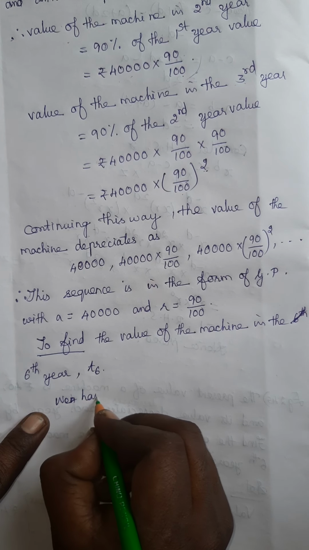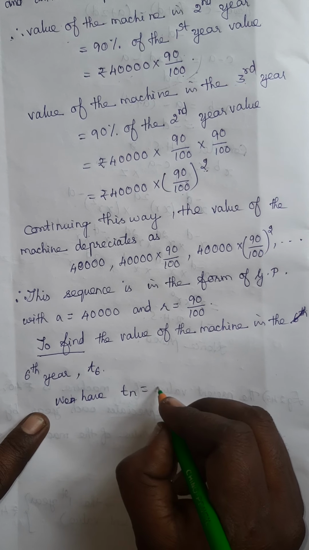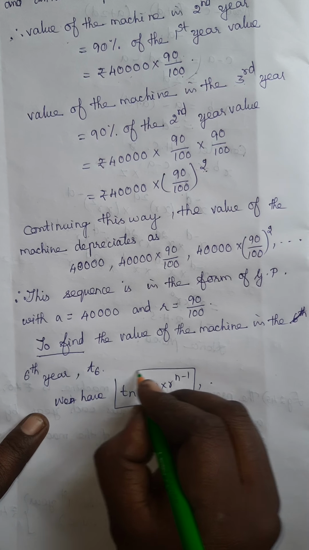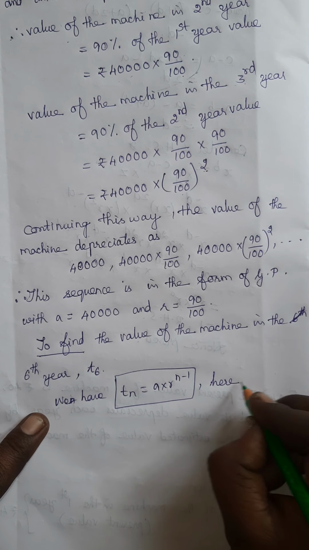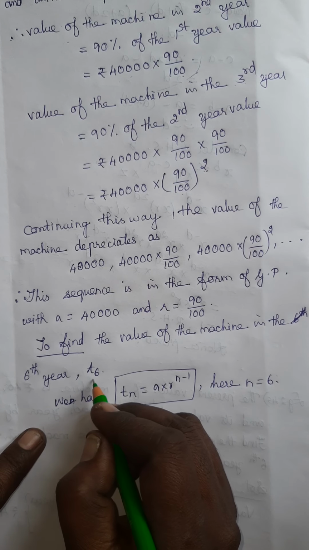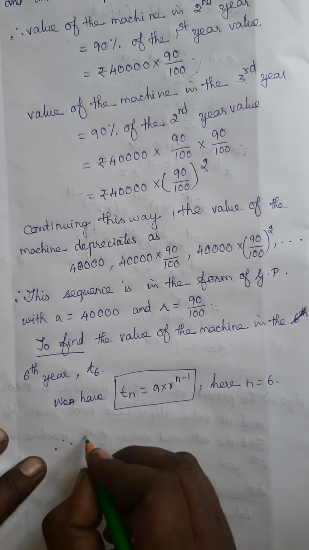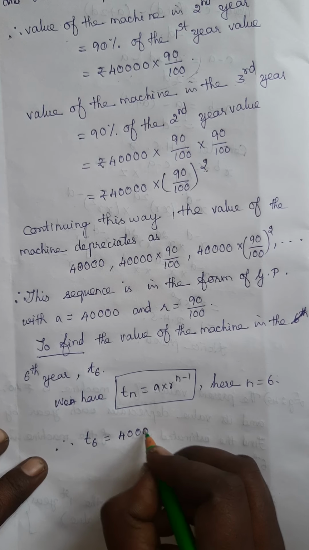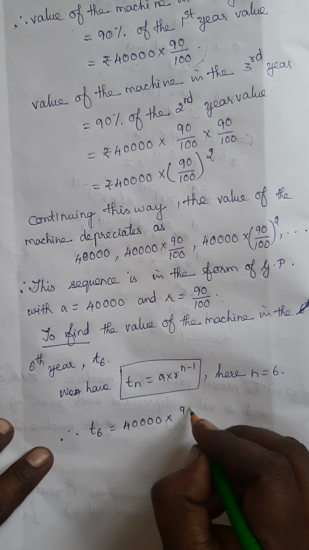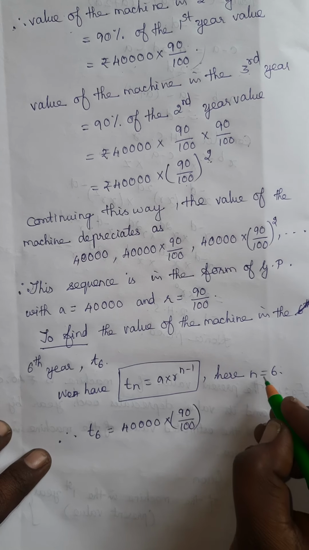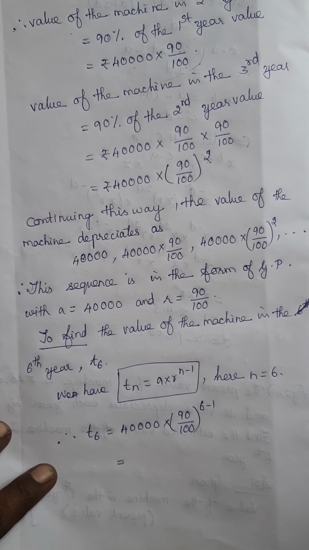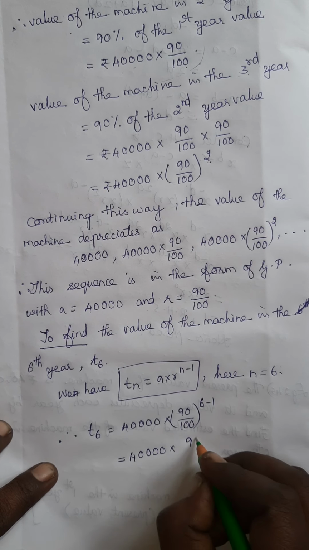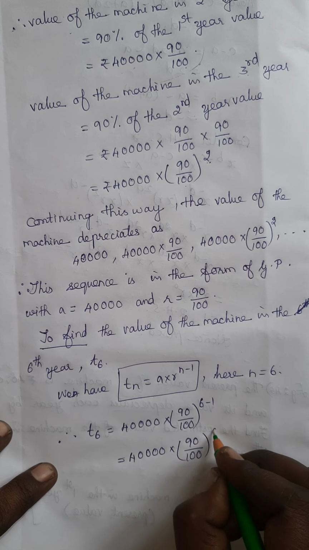In GP, Tn is equal to a into r power n minus 1. Here n is equal to 6, since we need to find T6. Therefore T6 is equal to 40,000 into 90 by 100, the whole power 6 minus 1. So it is 40,000 into 90 by 100, the whole power 5.